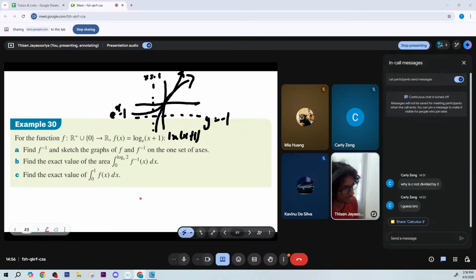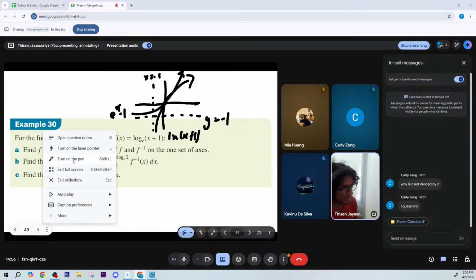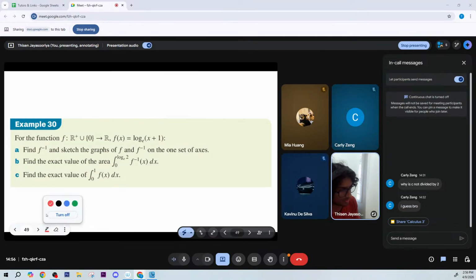So let me sketch this out a bit nicer. Let me turn the pen on and erase everything. I'm going to make a nicer sketch, and we'll use different colors. I'll actually make it big.